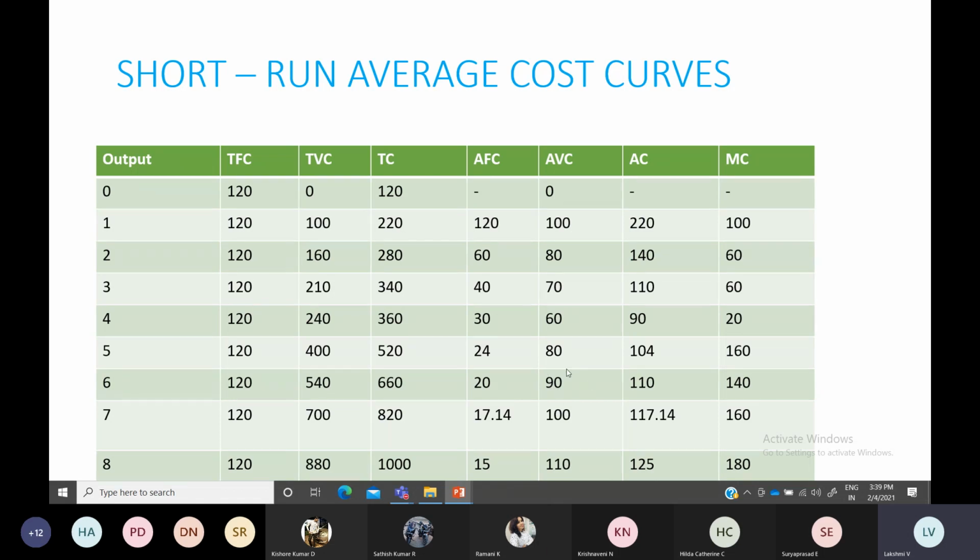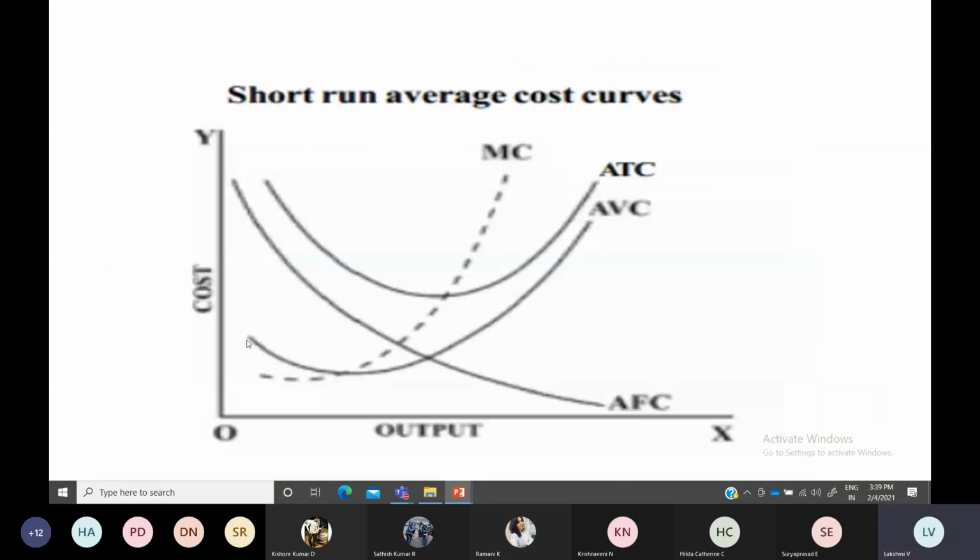After reaching a point, it started to increase. So that's what it is, a U-shaped curve. It decreases, reaches a minimum point, and then again starts to increase. So that is the average variable cost.